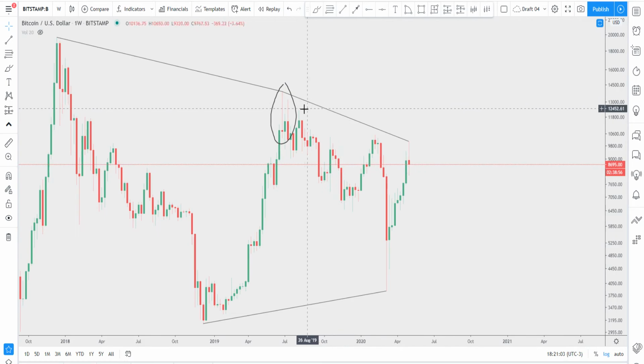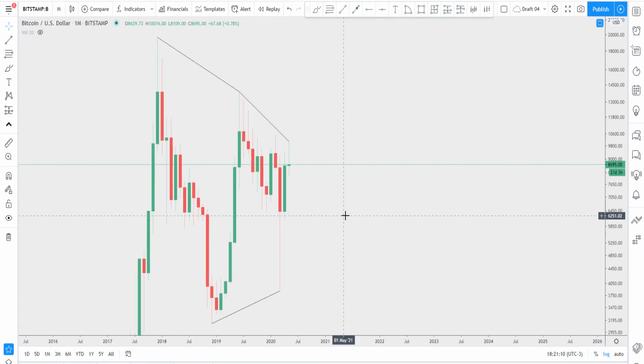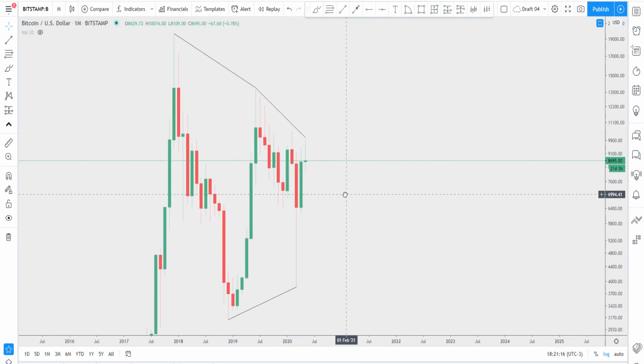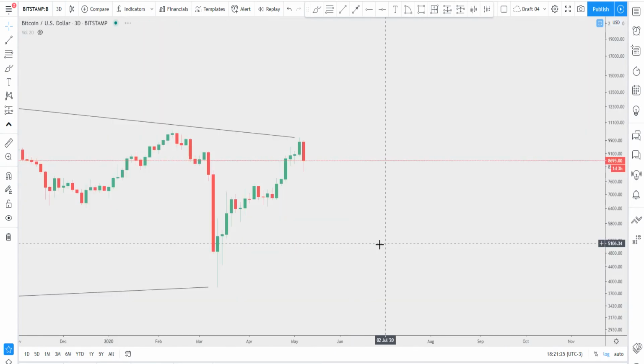Now again, let's take a look back at the monthly to see what we have here. It's another shooting star. Okay, and don't feel hyped about the green action that we are having here. Just another shooting star, no news. Let's take a look at the 3 days.